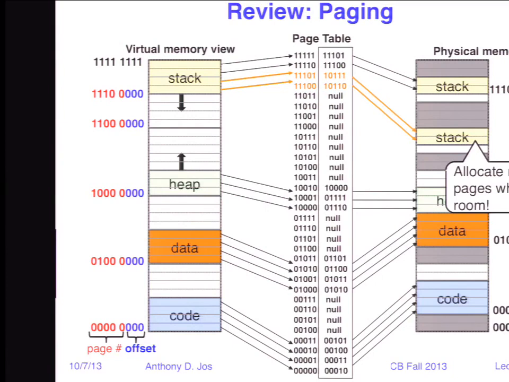So we'd need 2 to the 64 minus 12 page table entries. That's 2 to the 52nd, which is a really, really big number. That would consume all of the physical memory we could potentially have and then some, even though most of that 64-bit address space would be empty.